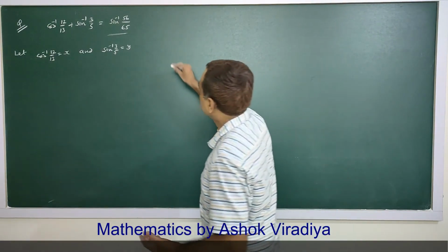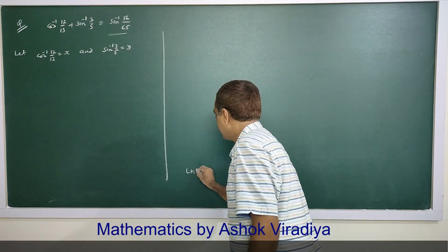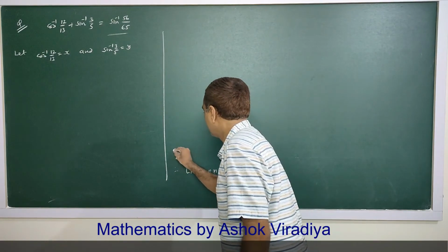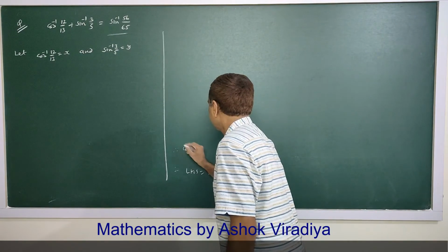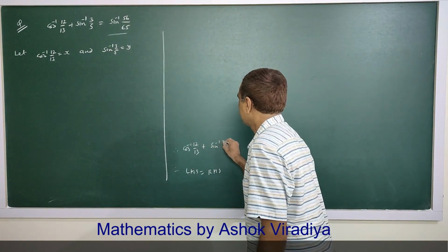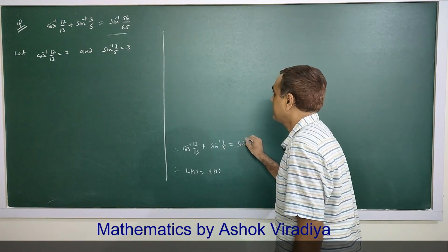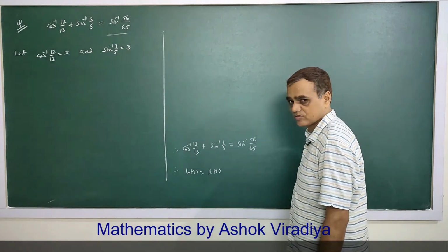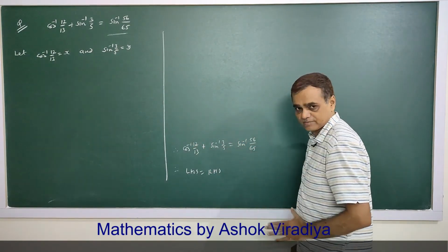The procedure is, we want to prove that LHS equals RHS. So we want to prove that cos inverse 12 by 13 plus sine inverse 3 by 5 equals sine inverse 56 by 65. To prove LHS equals RHS, we have to prove this statement.